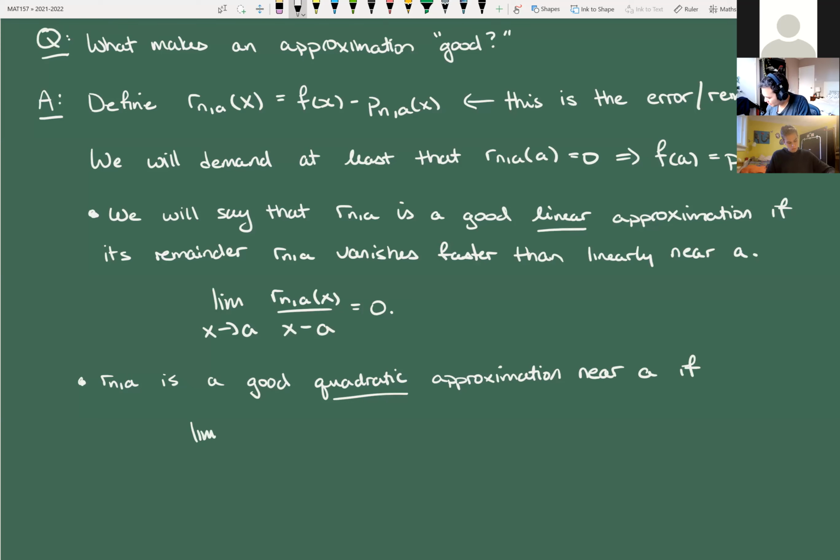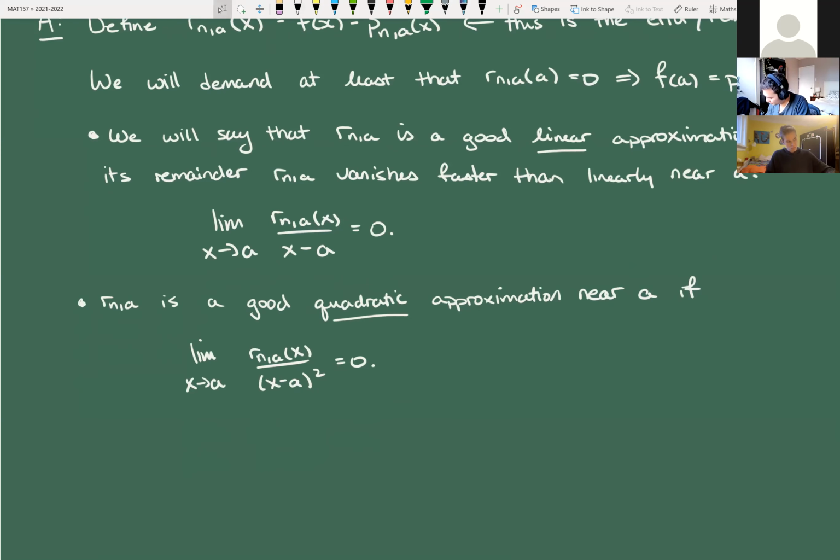if the limit, and you can guess what's going to happen, right? We're going to put (x minus a) squared down here is equal to 0, like that. Okay. And so in general, you're going to be a good kth order approximation if you take your remainder, you divide it by (x minus a) to the power of k, and that thing's equal to 0. Right?